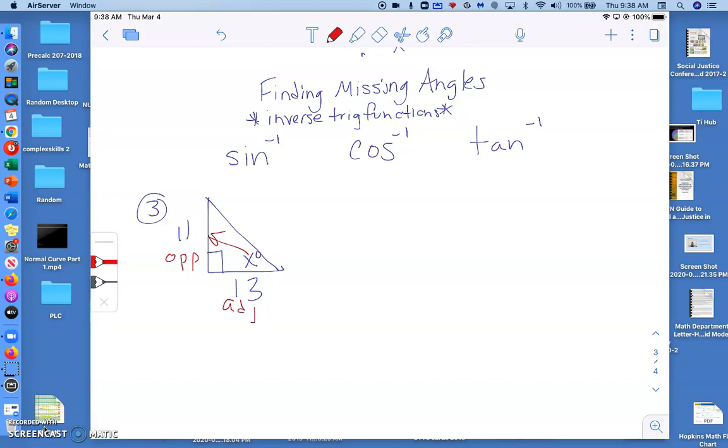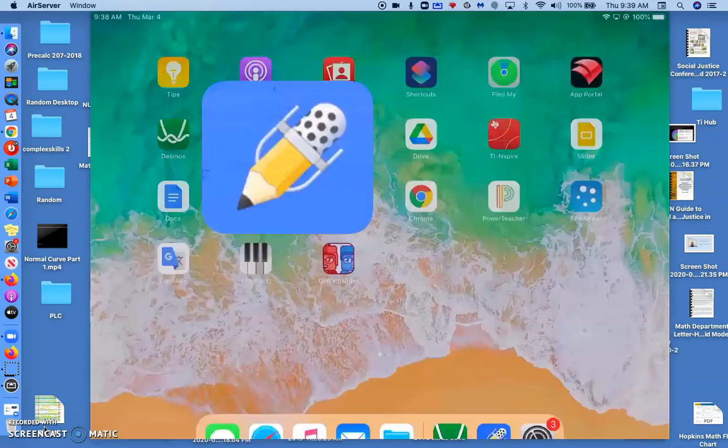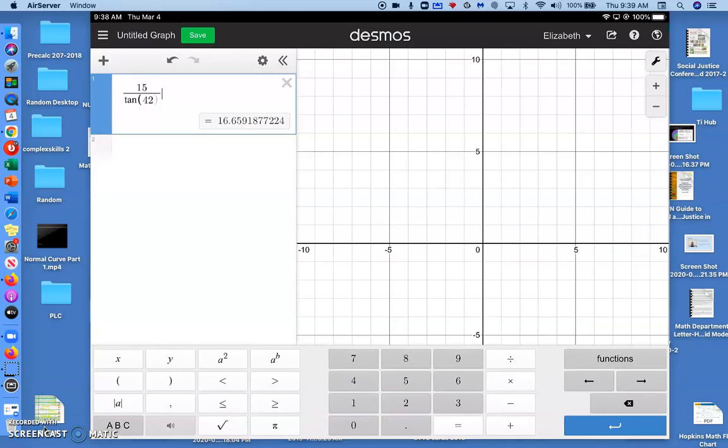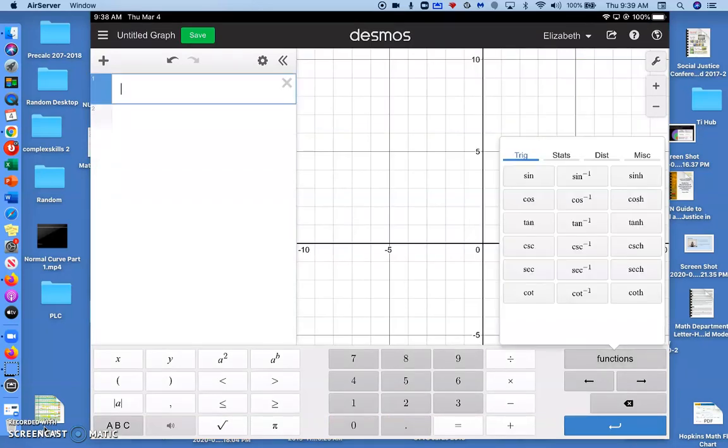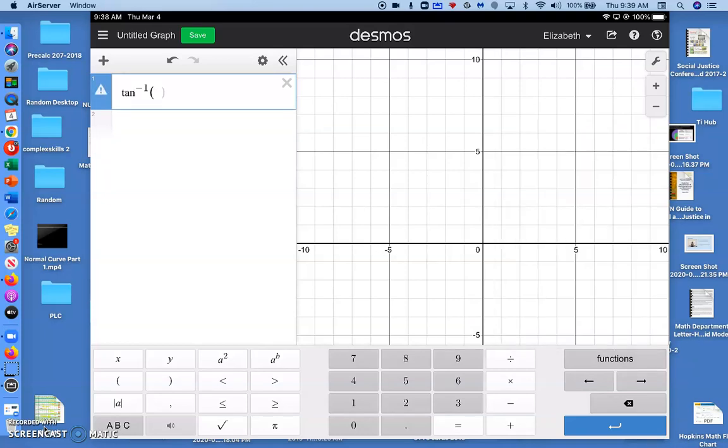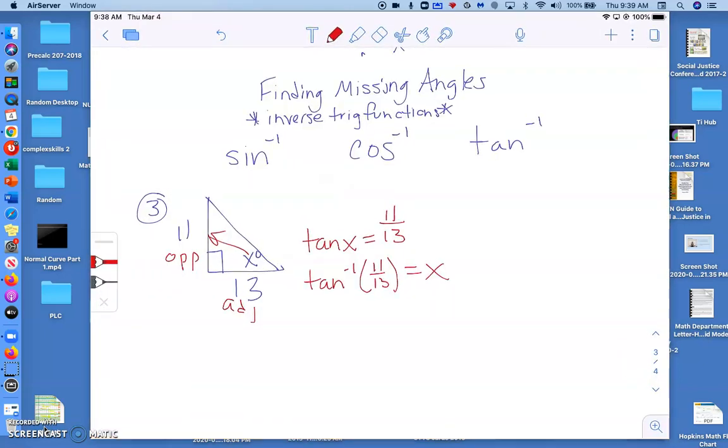So we would set up that the tangent of angle x equals 11 over 13, opposite over adjacent. So the inverse tangent of 11 over 13 gives us our angle. Yep, we're still in degrees. You find those trig functions, you see the tan -1. So we have 40.2 degrees.